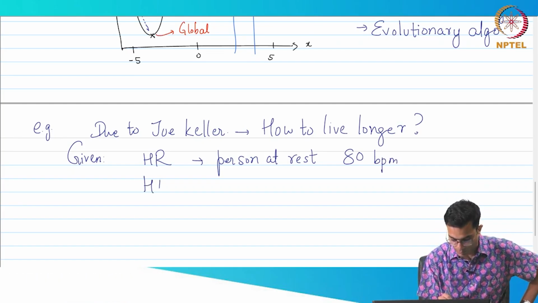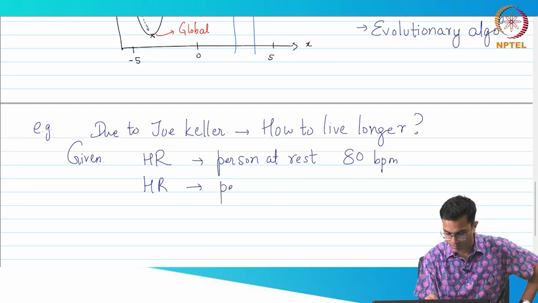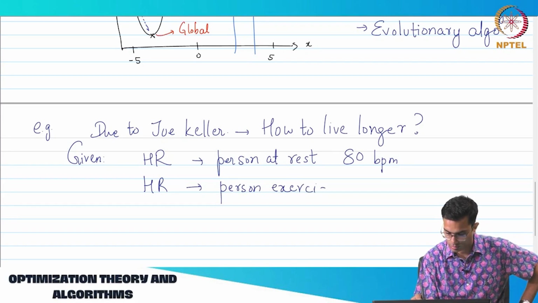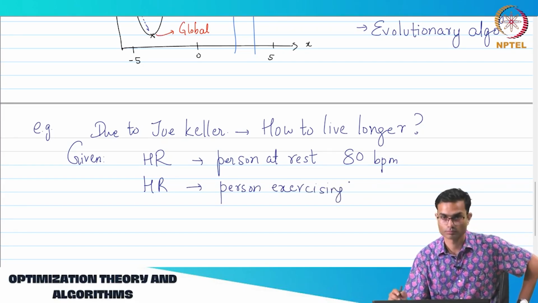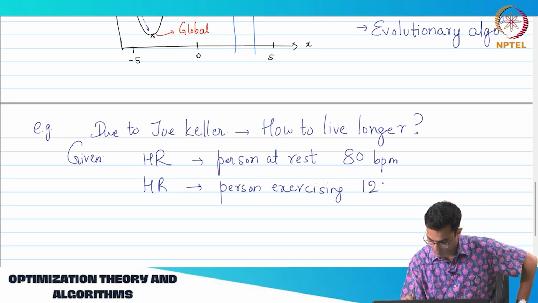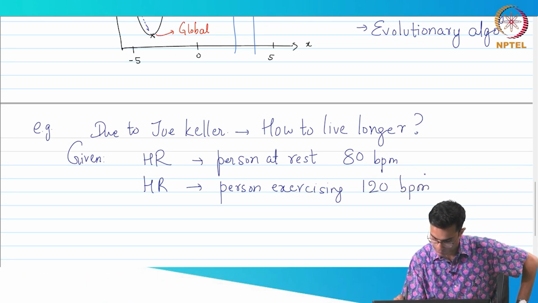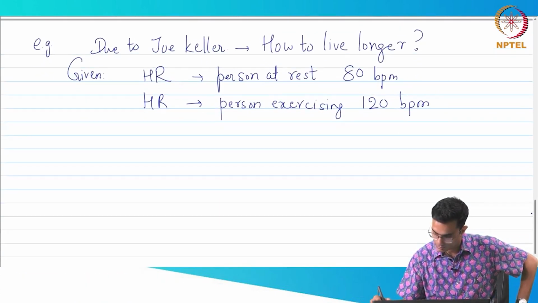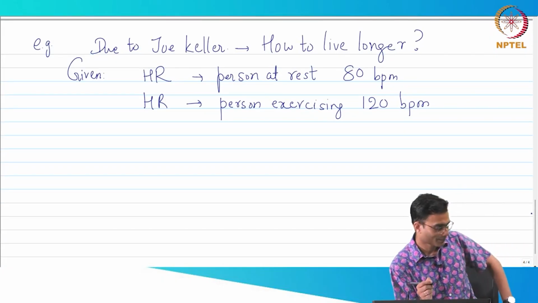The heart rate of a person exercising: any guesses? Okay, not bad. Let's take 120.